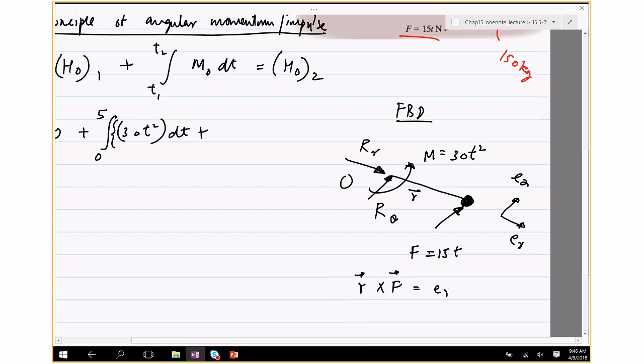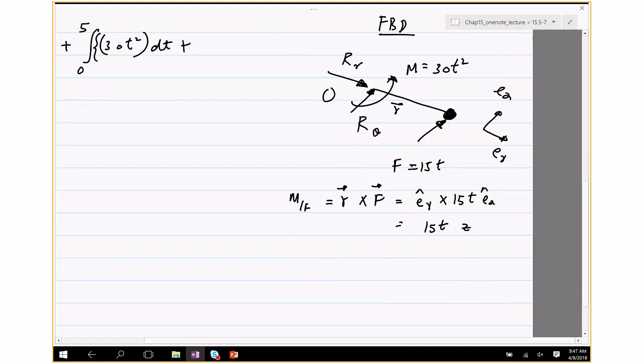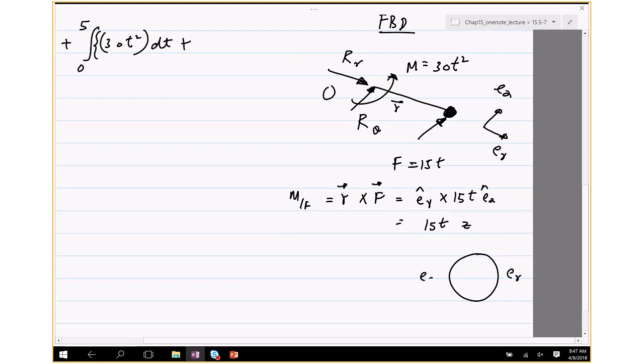R is e_r crossed with 15t e theta. So the moment due to F, 15t e_r cross e theta, gives the z direction. This is exactly like i, j, k, so e_r cross e theta should be k.